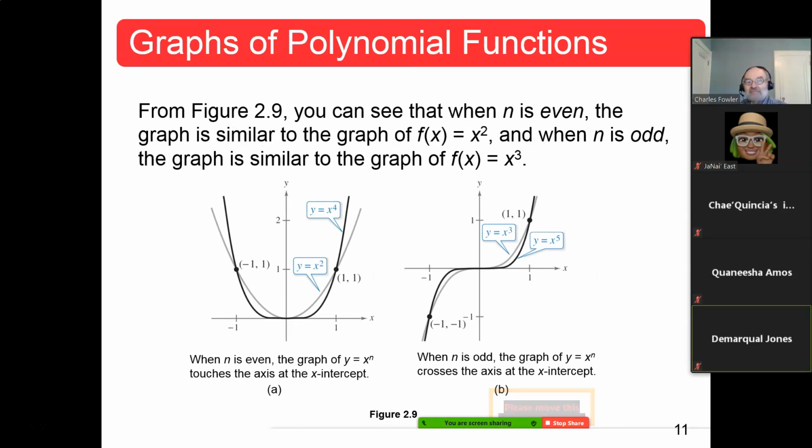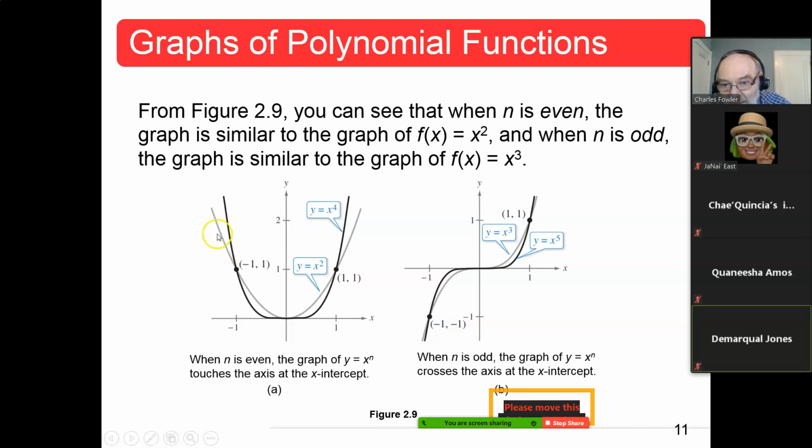All right, now here is the beginning of this, and by the way, this is over on page 124 now. From this graph, this figure 2.9, you can see when n is even, that power of the variable is even, the graph is similar to your quadratic function.